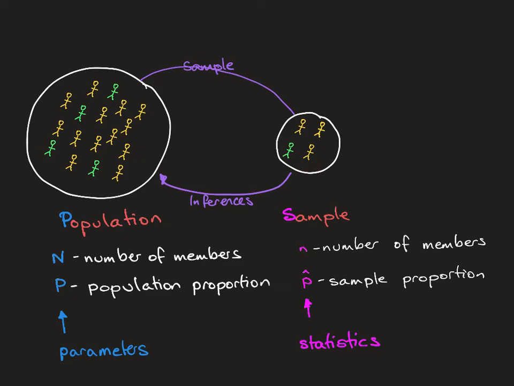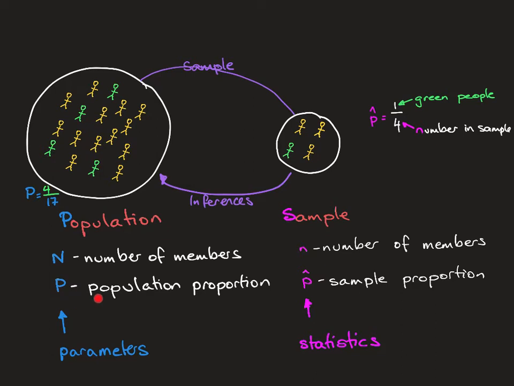From our sample proportion before, we had a quarter of our sample was green people, and from there we said, well, okay, if a quarter of our sample and our couple of samples was green, then maybe this population should have a proportion around about a quarter of green people.